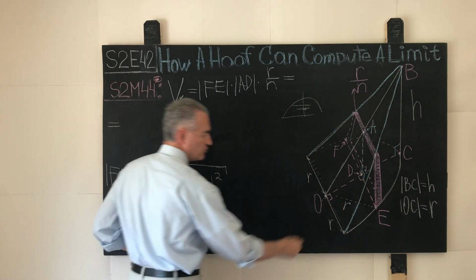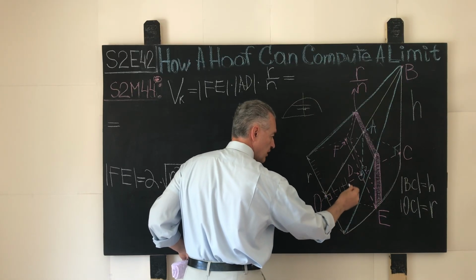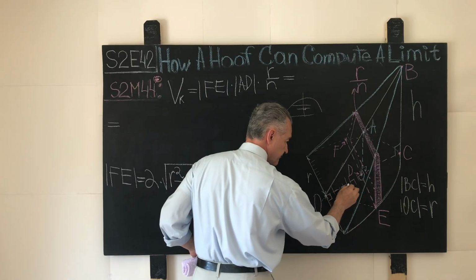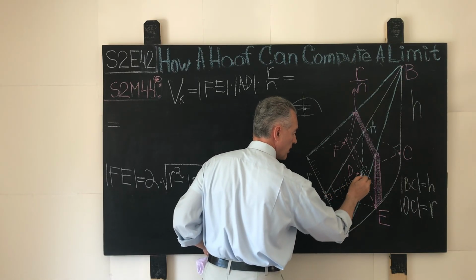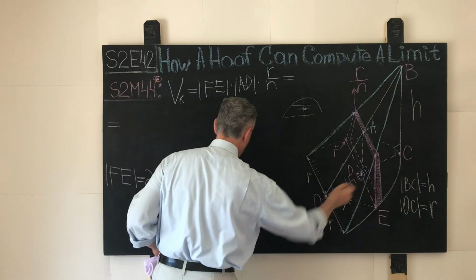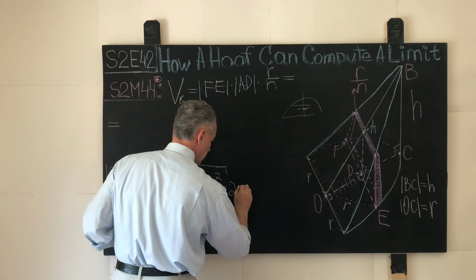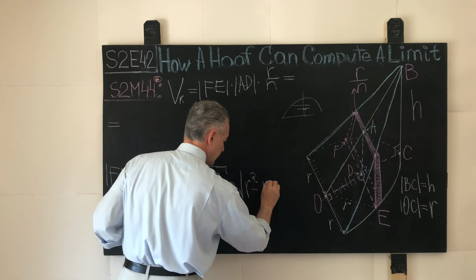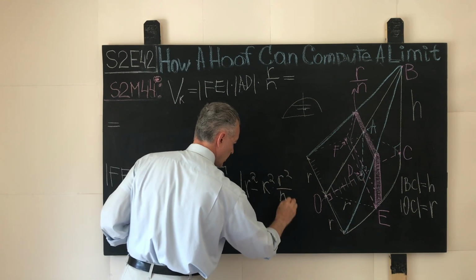But again, if we take this as a point of origin, and remember, this is where we cut our line segment into smaller and smaller line segments of length R over N. If we count 1, 2, 3, 4, K. So what is the distance OD? The distance OD is precisely what we need: K squared times R squared over N squared.